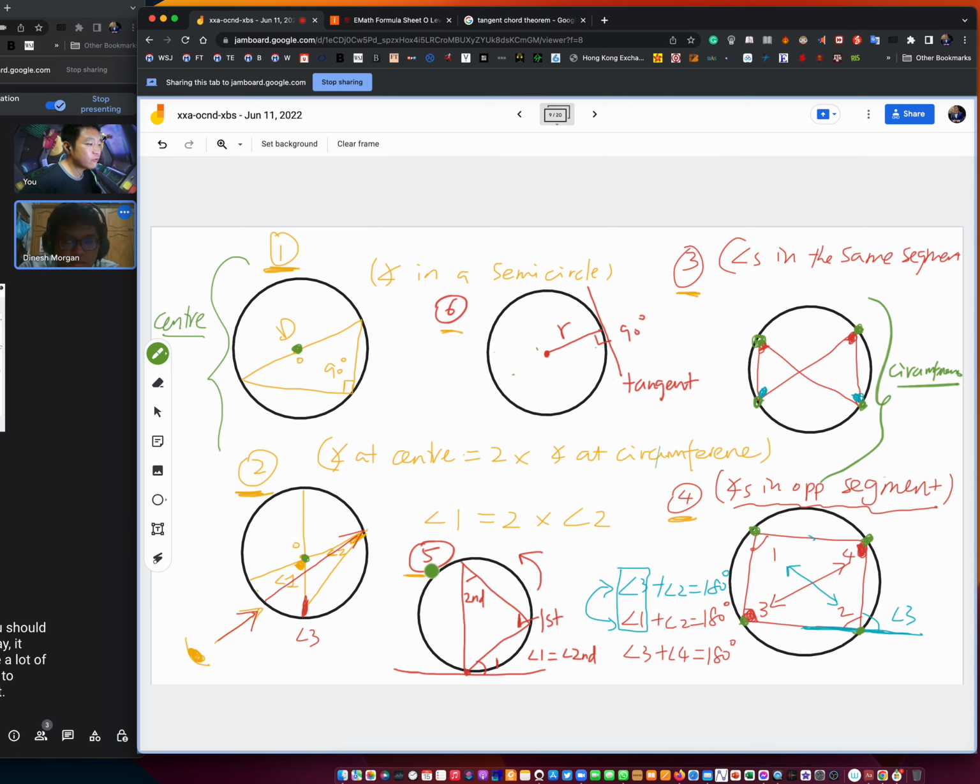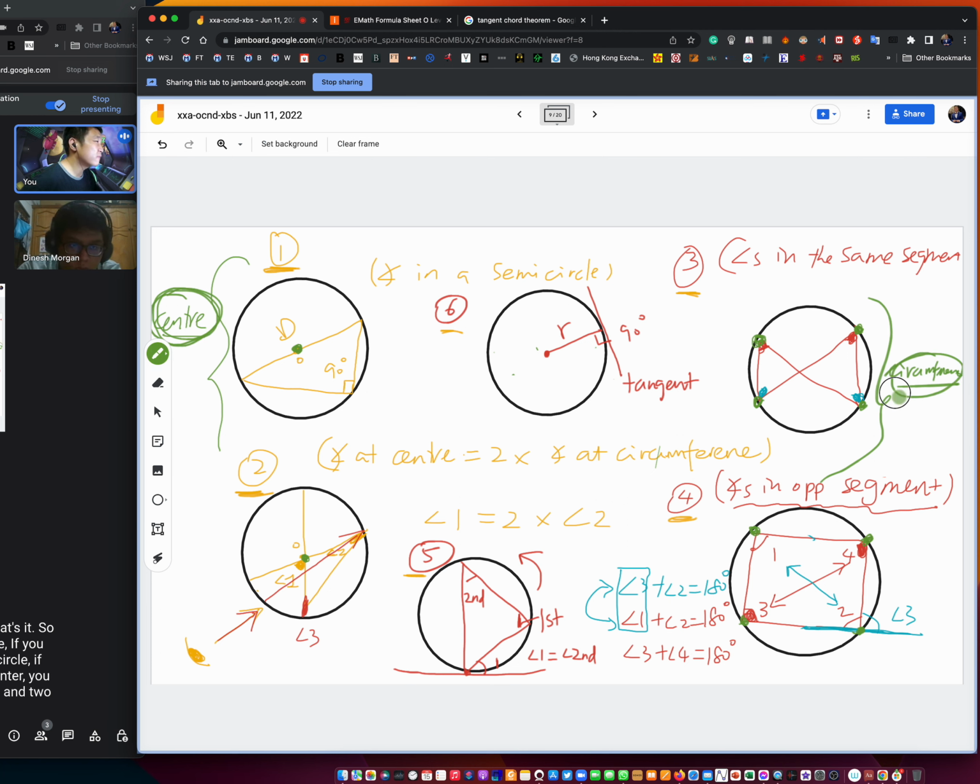Okay, then for 5, we just discussed 5, how we can see the first angle, either anti-clockwise or clockwise. The first angle is not equal, but the second one it is, right? So if you look at the circle, if you have center, you think of 1 and 2.